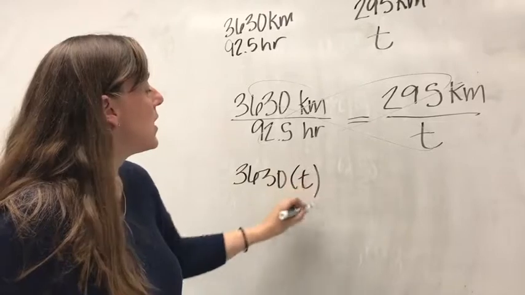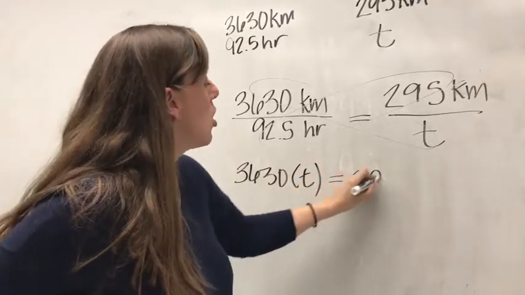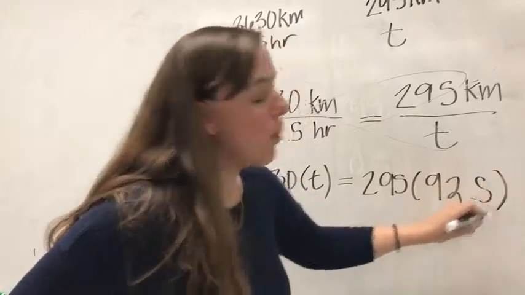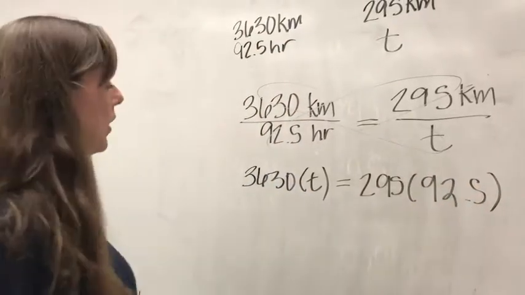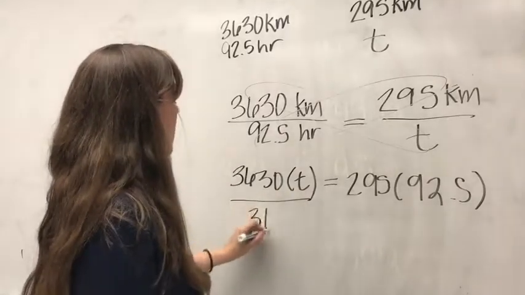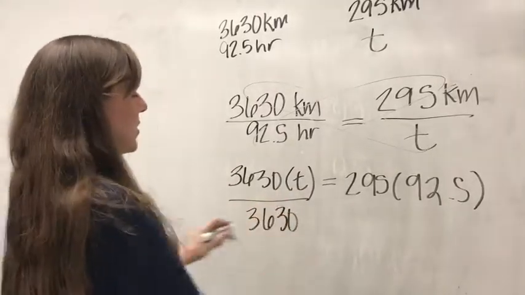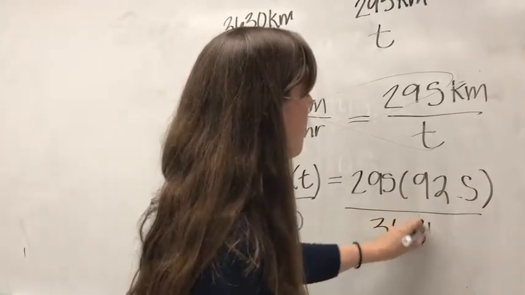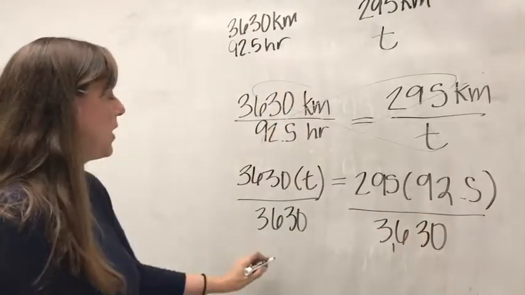Using our cross products, we're going to get 3,630 t equals 295 times 92.5. I forgot to multiply this out, so it's just 3,630 divided by 3,630 over here.